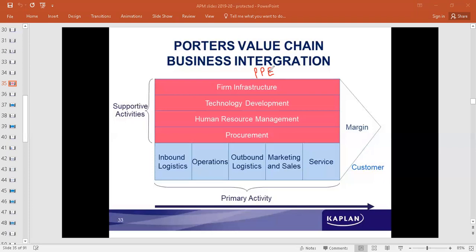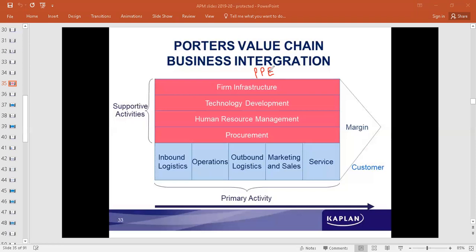It cannot be done instantly. Today there is a requirement, by tomorrow the material would be received, is not the situation. It is a time consuming process where they contact the supplier, select the supplier, place an order with the supplier, receive the material, check the quality, and then settle the payment, etc. So the time period which is required from the time when an order is placed until the time it is received is called lead time.